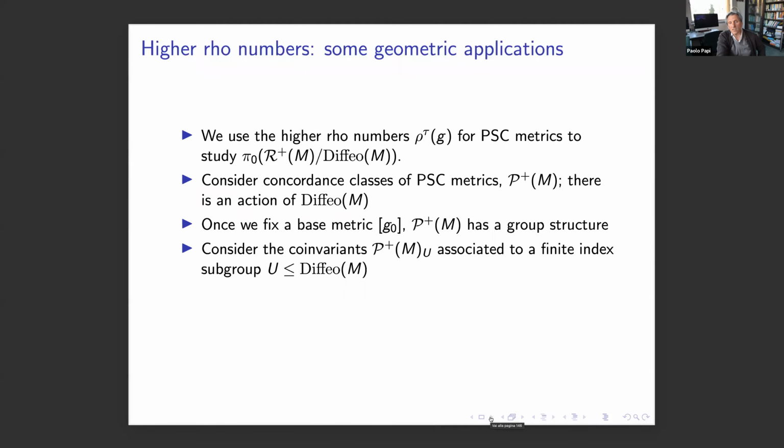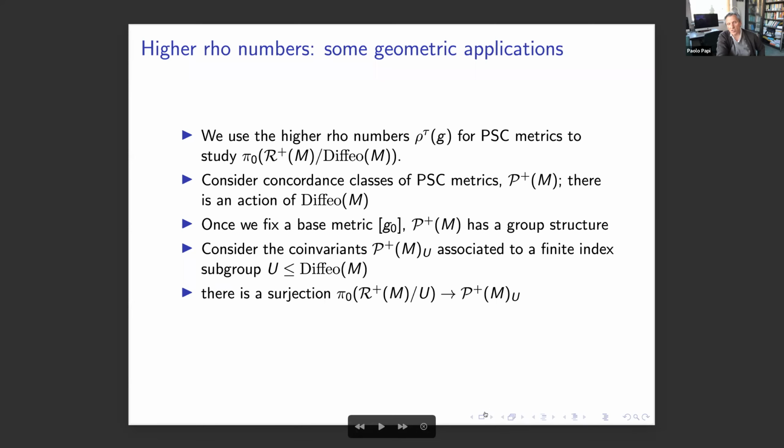And we can consider the coinvariants associated to a finite index subgroup of the diffeomorphism group. And we know that there is a surjection from the pi zero of that quotient to the concordance classes. And so now we want to measure the rank of this group, the coinvariants associated to a subgroup of the diffeomorphism group.